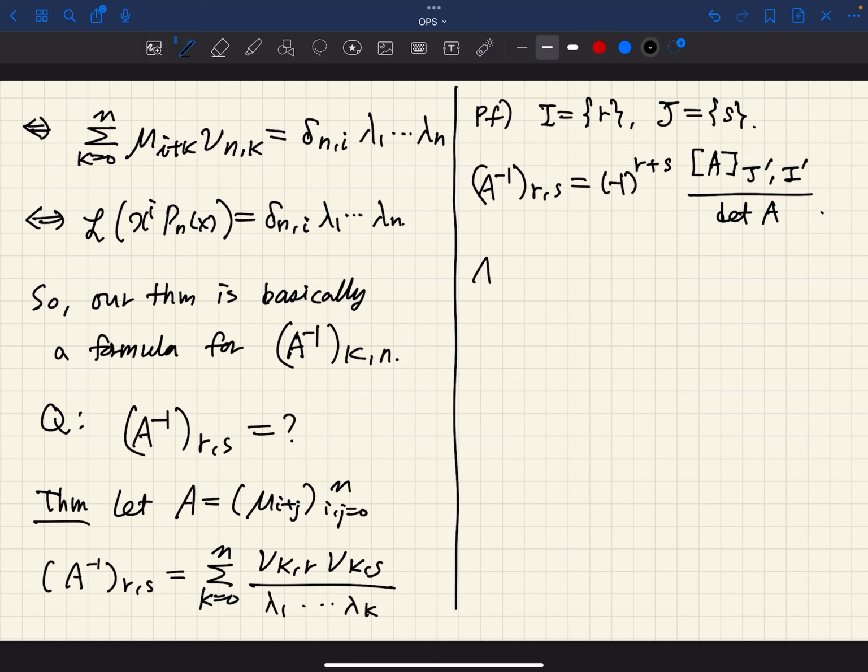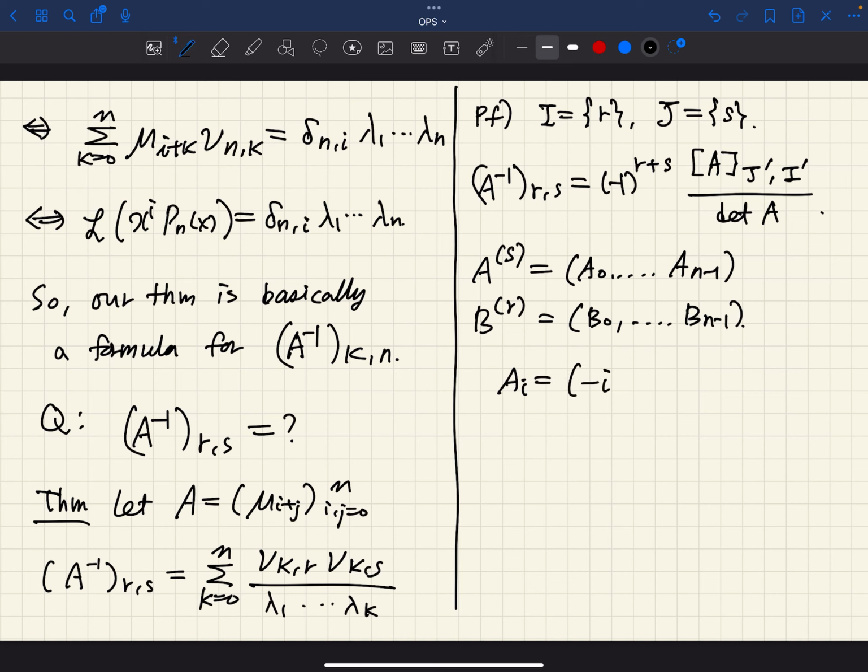So let the starting points be A_0 through A_{n-1}, and the endpoints B_0 through B_{n-1}, where A_i, originally it was (i, 0), but we have to do some shifting. If i is greater than or equal to s, we subtract one more, and similarly for i greater than or equal to r.